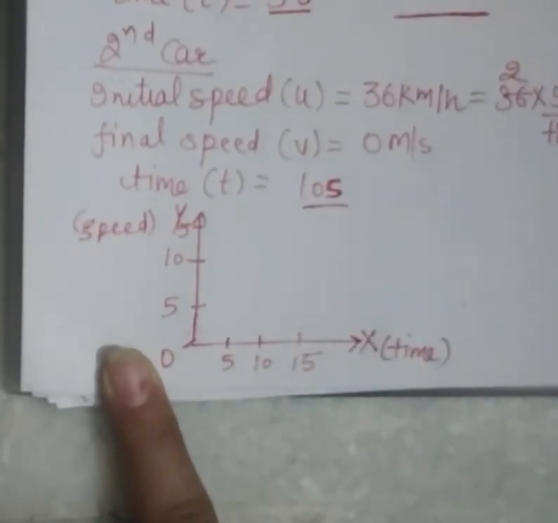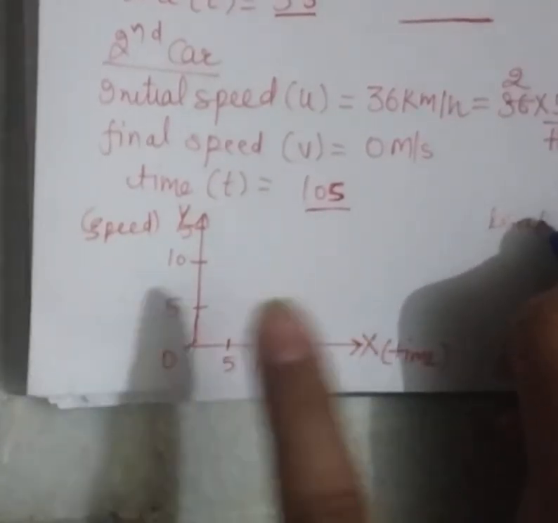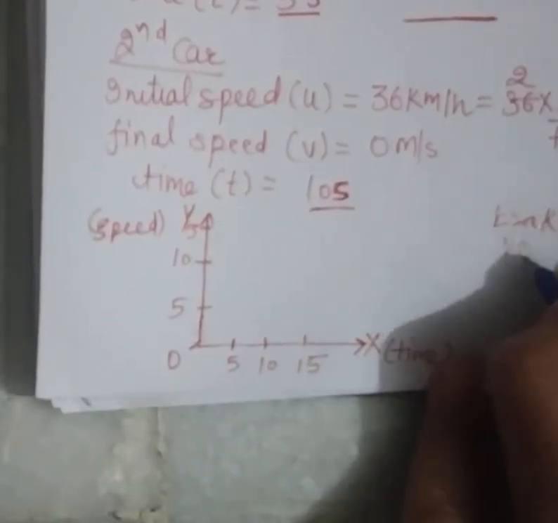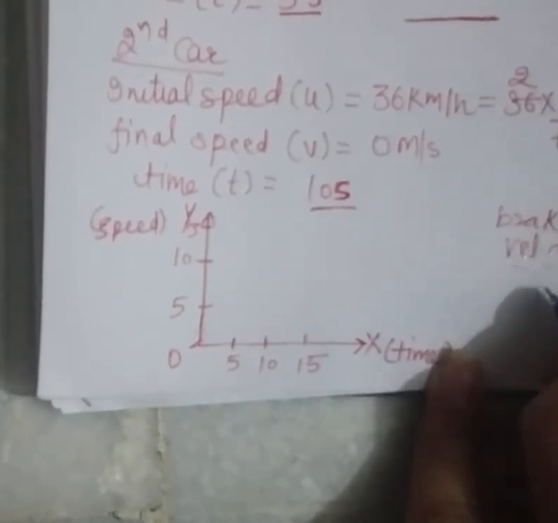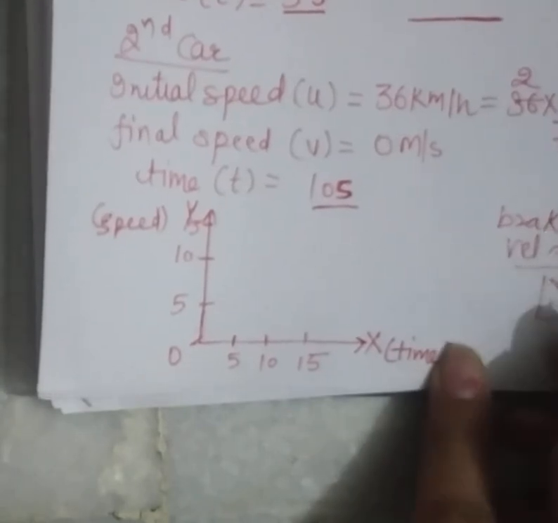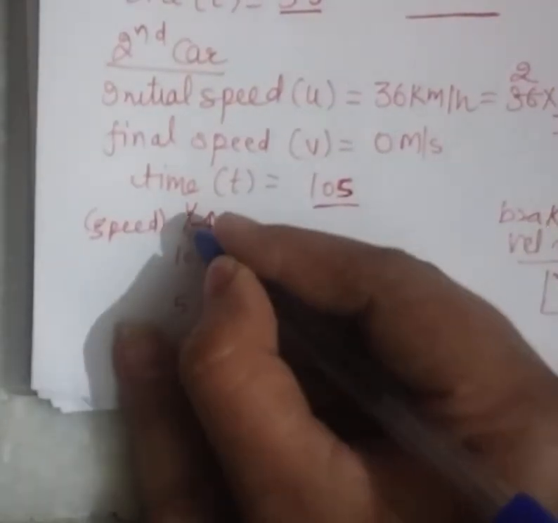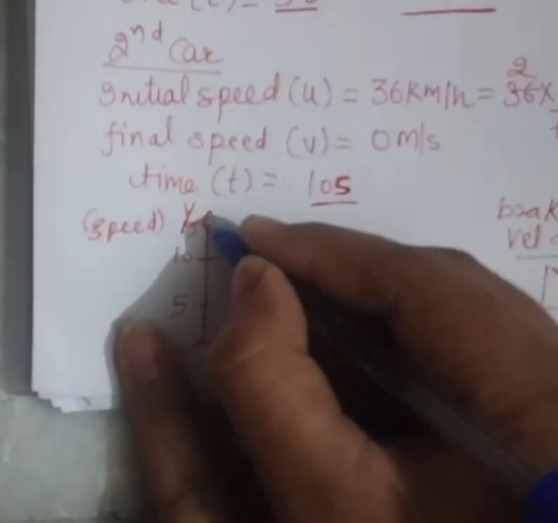For the first car, when brakes are applied, brakes mean velocity decreases. When velocity decreases, the graph is inclined downwards. For the first car, from 15 to 0 in time 5 seconds.